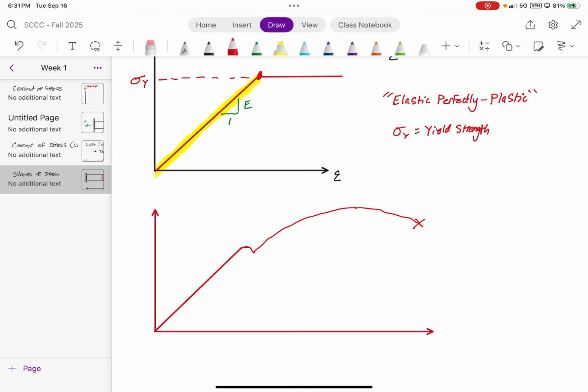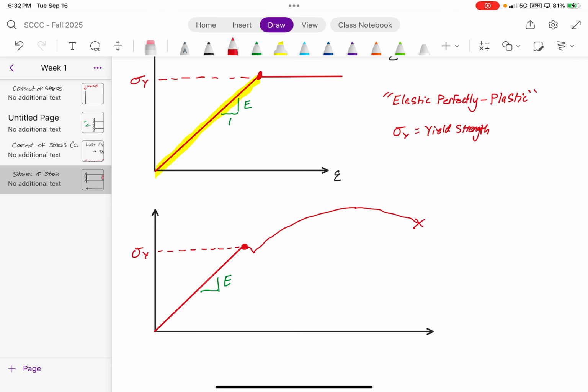And it breaks there. Here is that yield strength. The slope is still E for that given material. But what is the rest of this stuff?